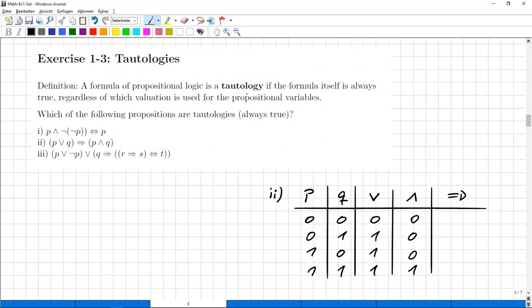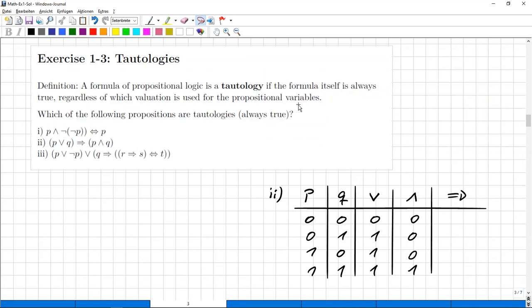And important is, how do you check this? You must read it in a special way. This happens regardless of the valuation you use for the propositional variables. So for example, I sometimes call them inputs. The propositional variables are the input of the formula.